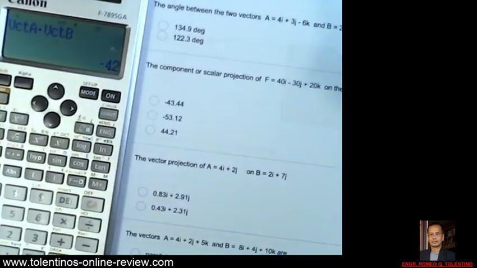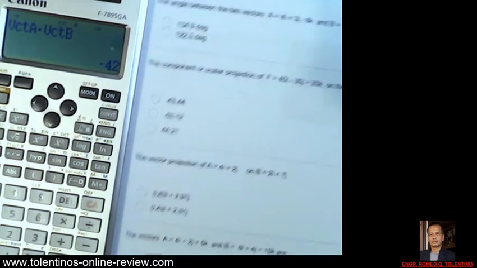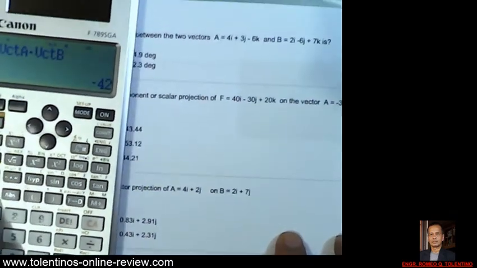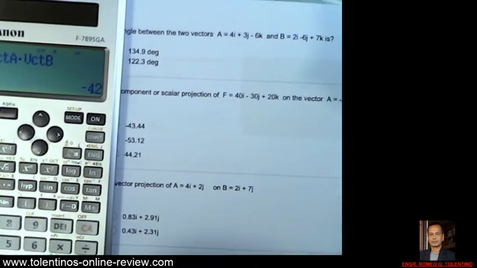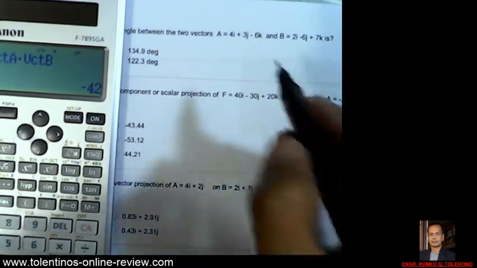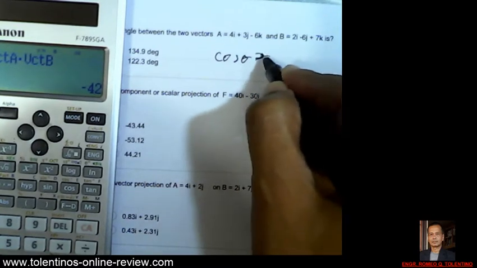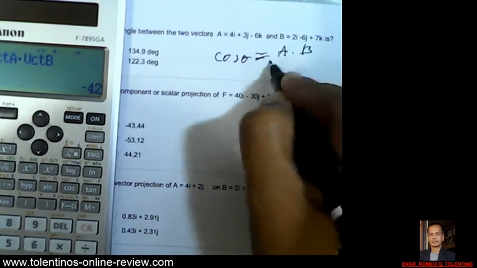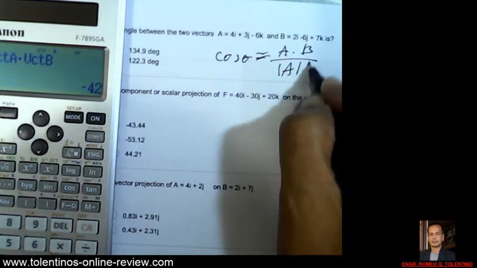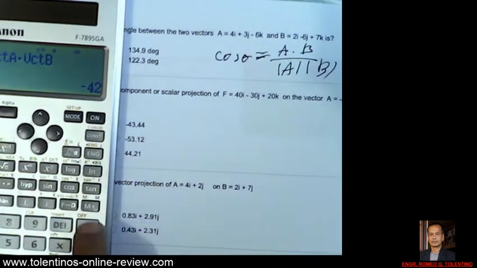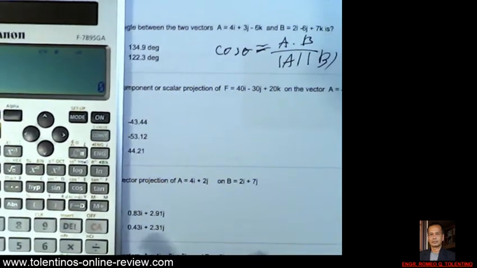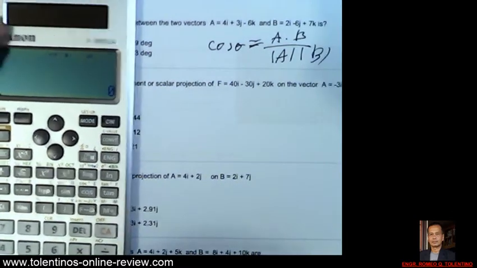Next. What is the angle between the two vectors 4i plus 3j minus 6k and 2i minus 6j plus 7k? Ito yung formula. Cosine theta is A dot B divided by magnitude of A, magnitude of B. To do that, okay, input mo lang yung dalawang vector.